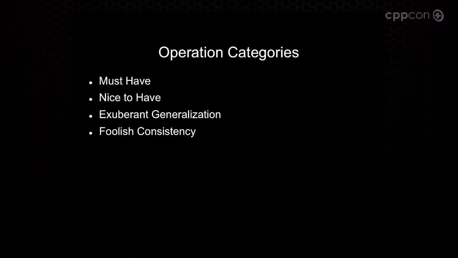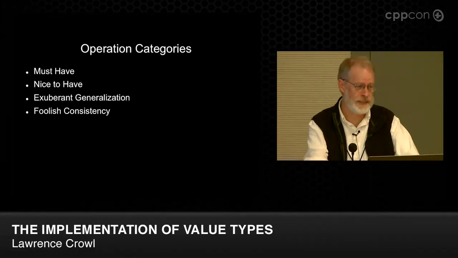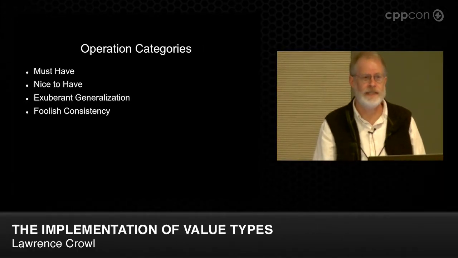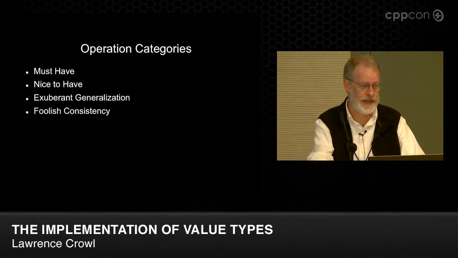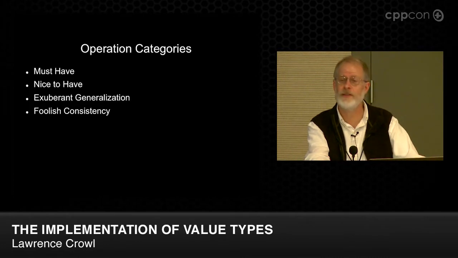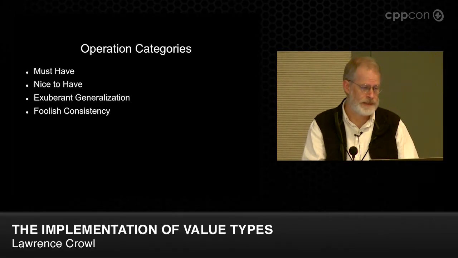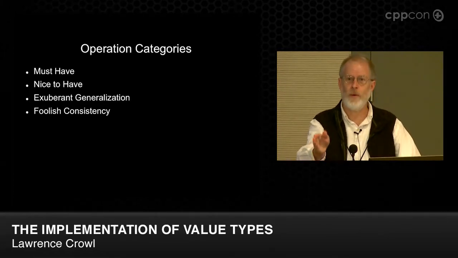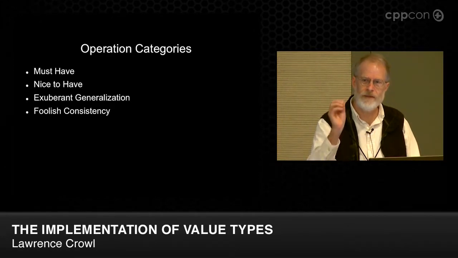So the way to worry about operations is ask yourself, which category of operation is this? Is this something I must have? Is this something I'd like to have? Exuberant generalization. The C++ committee has been guilty of that one. Foolish consistency. Well, the C++ committee has also been guilty of that. You need to figure out what is really important.